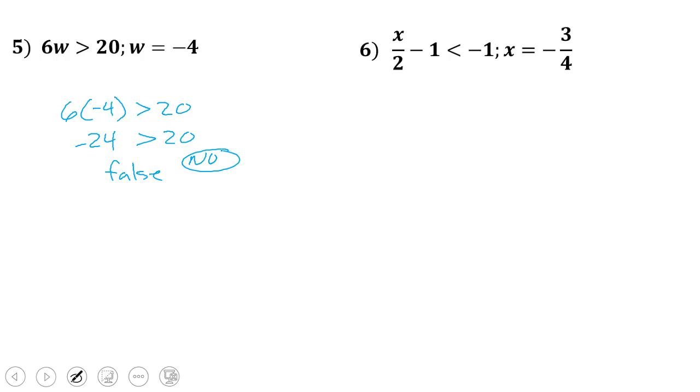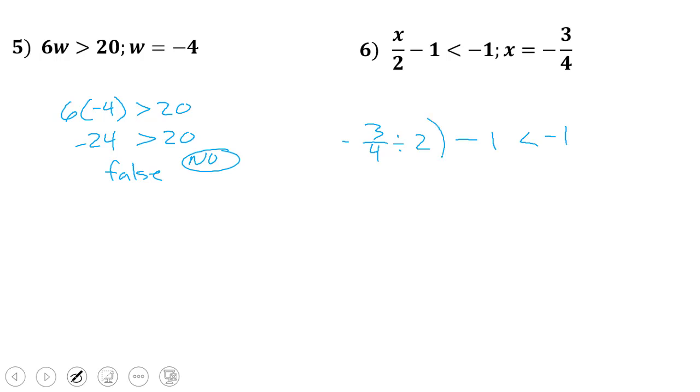And the last one, x divided by 2 minus 1 less than or equal to negative 1. So all we got to do is plug it in and go. I'm going to rewrite this a different way so it doesn't look so complicated. So I'm going to go negative 3/4 divided by 2 minus 1 is less than negative 1.